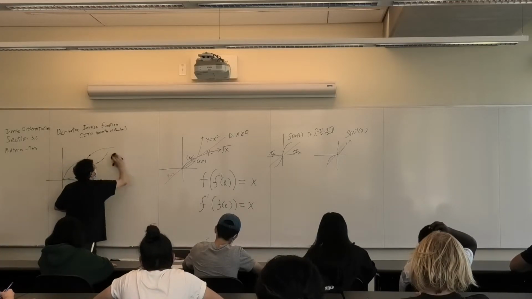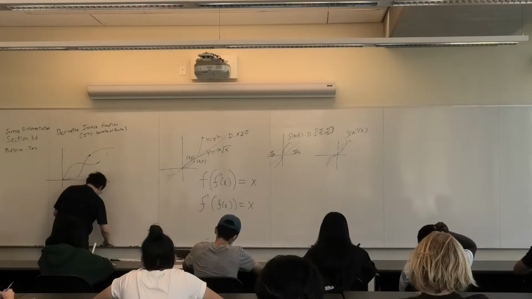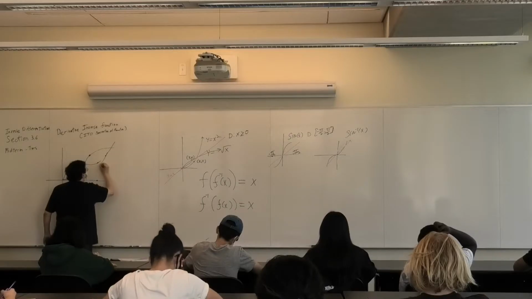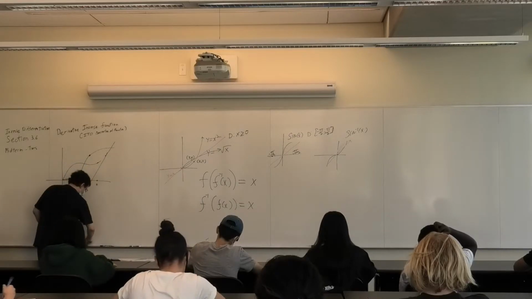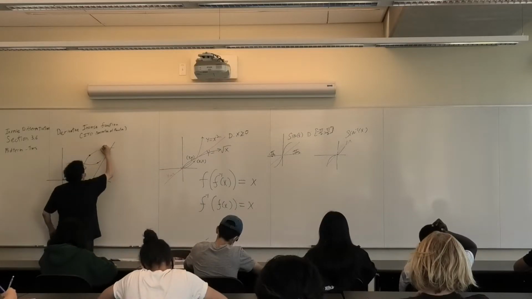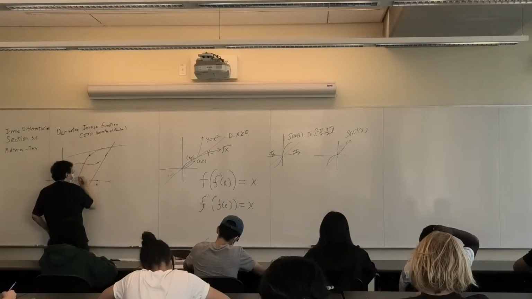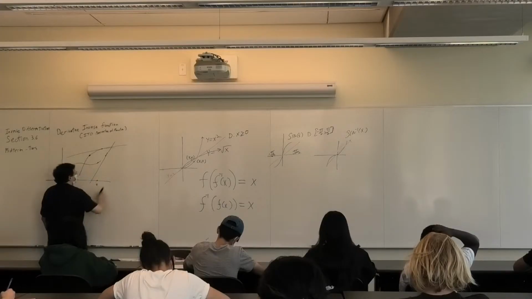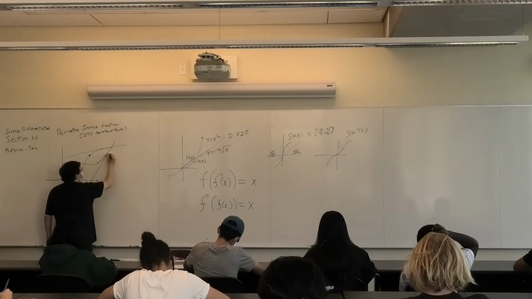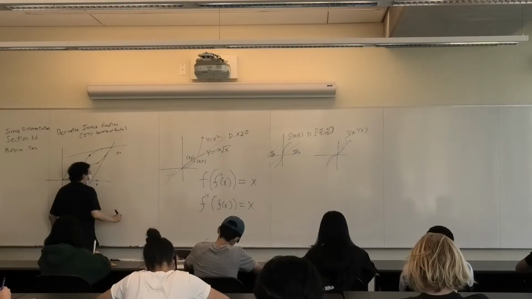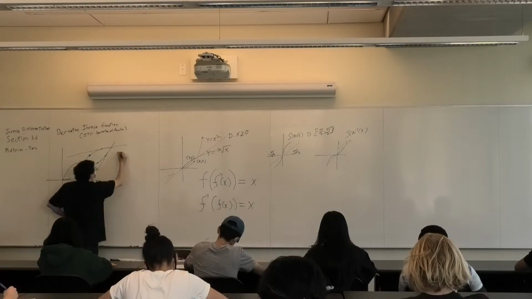I think we're going to move A up a little bit. So this tangent is going to be delta y over delta x.